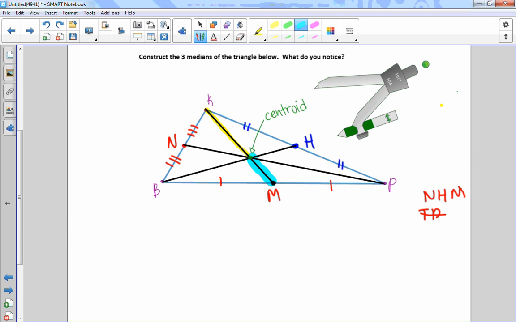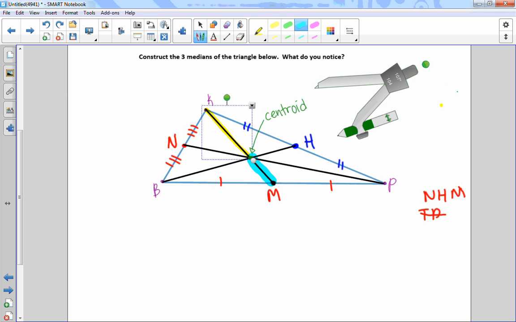Isn't the yellow one longer than the teal one? Yeah. Now there's a ratio that will happen every time. What do you think this yellow length is compared to the full K to M? K all the way down to M. 2/3 is exactly right.